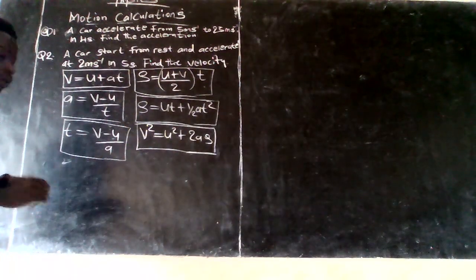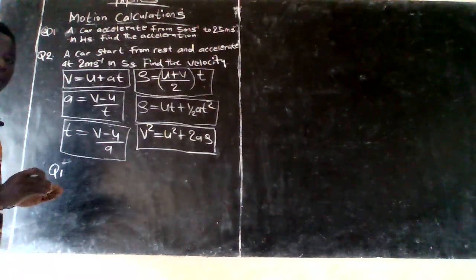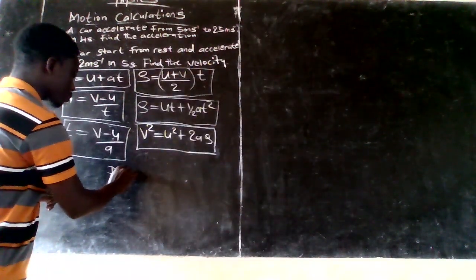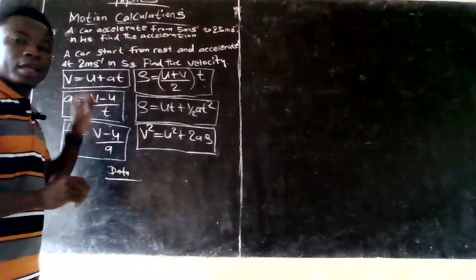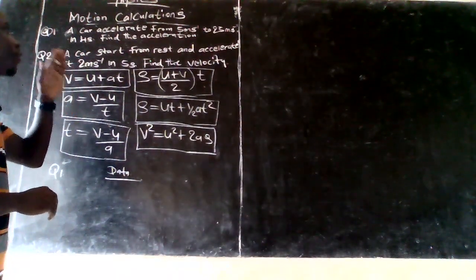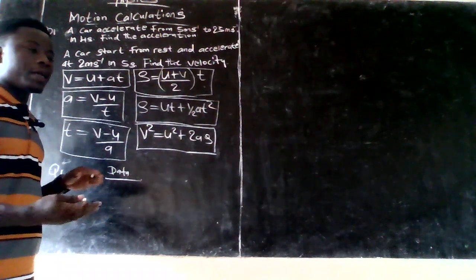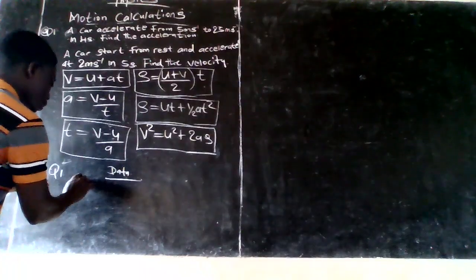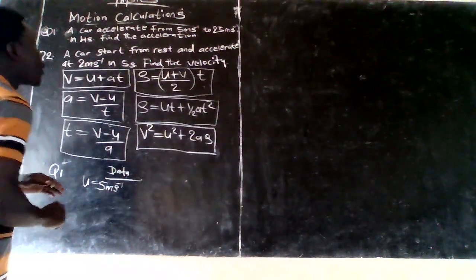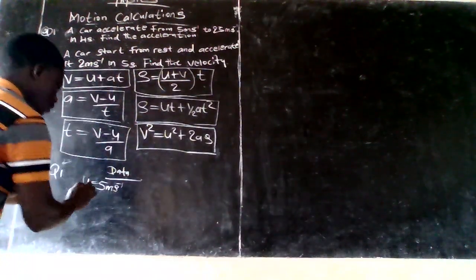Let's start with question 1. We are going to collect data first, the information given in the question. A car accelerates from 5 meters per second, that is the initial velocity, so U equals 5 meters per second, to 25 meters per second, which is the final velocity.